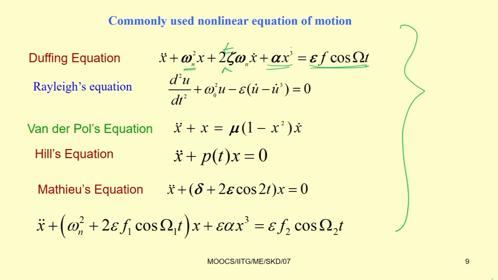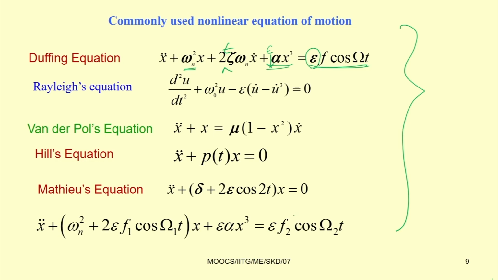Similarly, if this nonlinear term is one order less, then here also we can put epsilon, epsilon alpha x cubed, and here is the forcing. If we have weak forcing, then we can use the term epsilon.